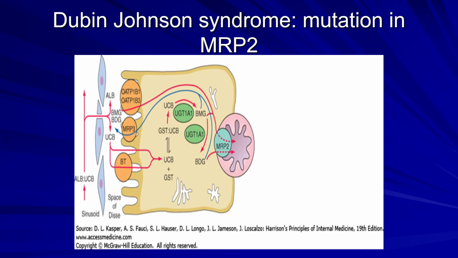That's why they're not able to fully secrete conjugated bilirubin across the canalicular membrane of hepatocytes. Again, I remind you, episodes of jaundice secondary to conjugated hyperbilirubinemia and tea-colored urine. All other liver functions are completely normal.